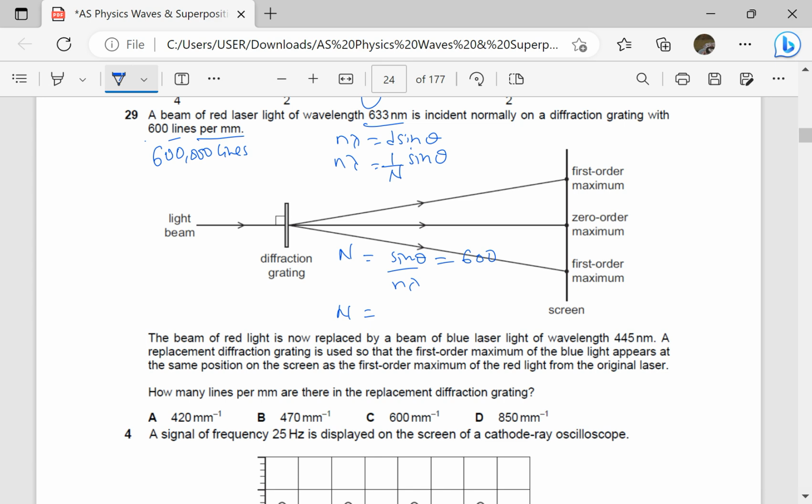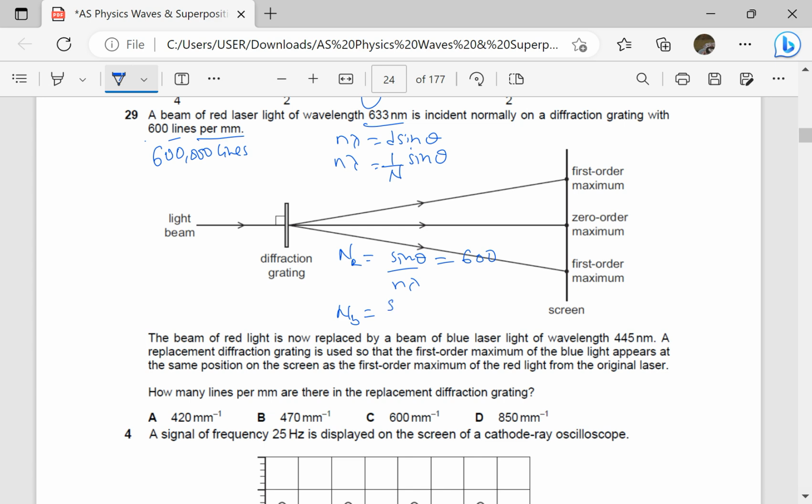okay, so the beam of red light is now replaced by a beam of blue laser light. This was red, now this is blue, of wavelength 445, so I'm going to change this. A replacement diffraction grating is used so that the first order maximum of the blue light appears at the same position as the first order maximum of red light.